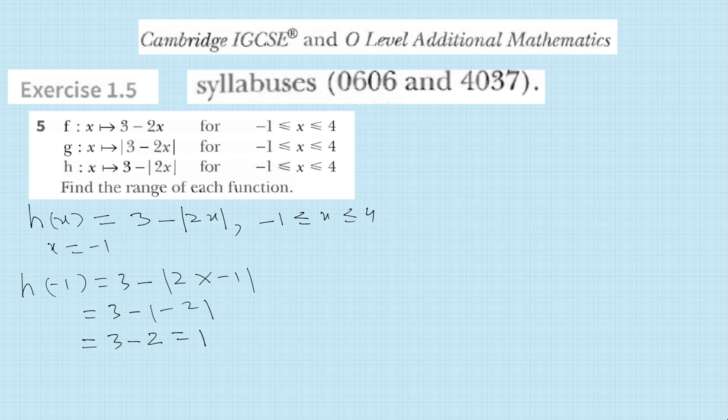Can we get a value which is bigger than 1? Yes. How? Just put the value again.